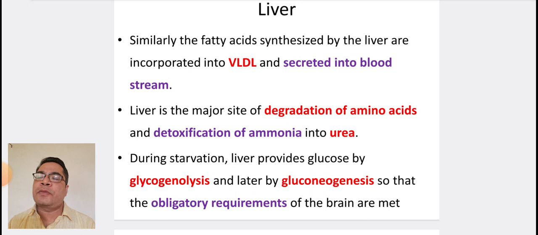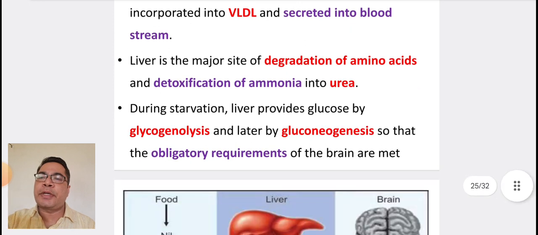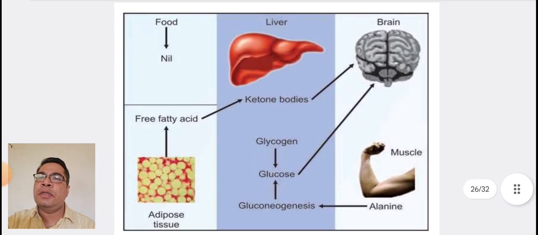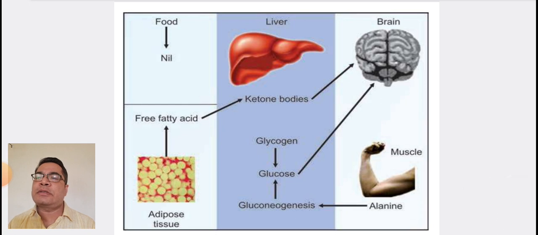During starvation, the liver produces glucose by glycogenolysis and by gluconeogenesis so that the obligatory requirements of the brain are met. In this diagram, we can see that free fatty acid is converted to ketone bodies, which are taken up by the brain for energy.